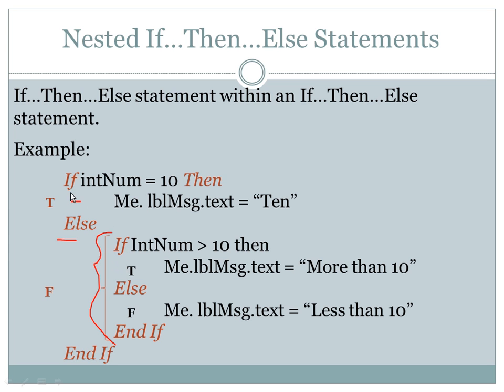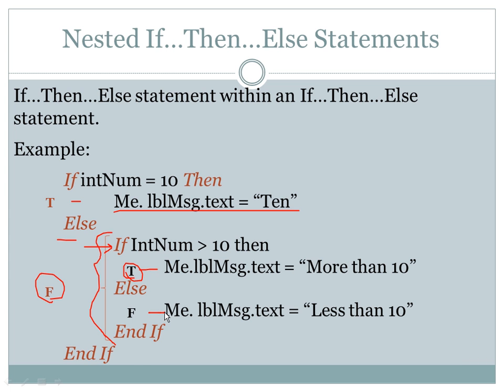So in this case, if int num is equal to true, then it would evaluate and run this statement to set 10 to the text in LBL message. Else, if it's false, it's going to evaluate this if statement. So it's going to come up here and look at this if statement. If this one evaluates to true, then the message is set.